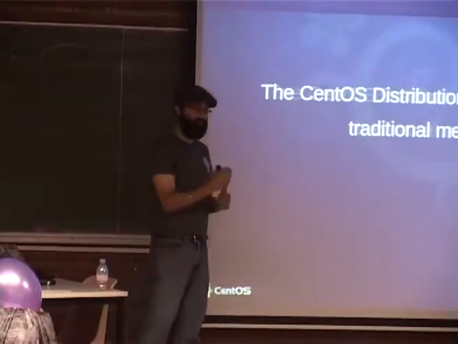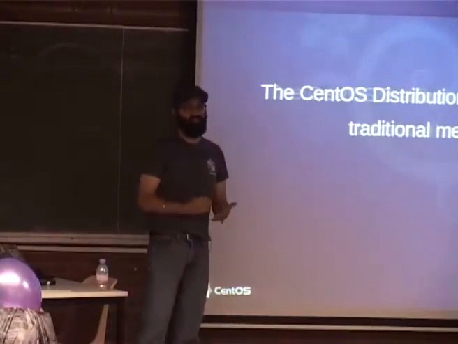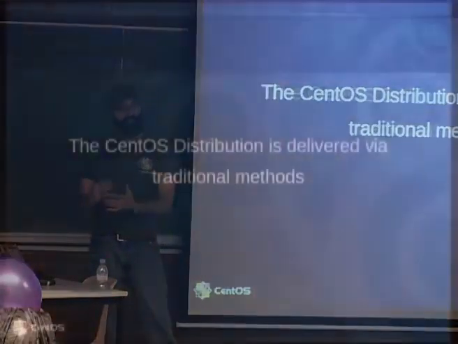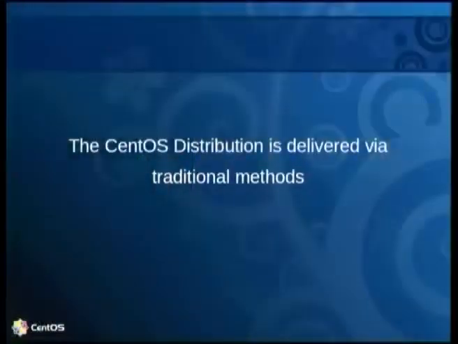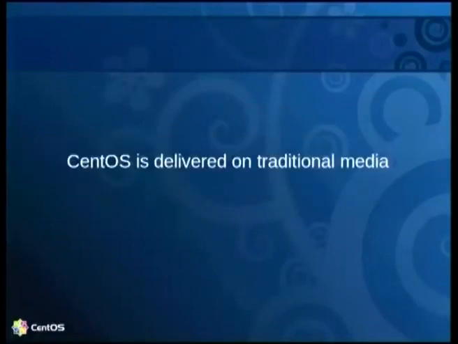But what they deliver to you as a user is finite, is fixed. When you install CentOS, the kernel you get is predetermined. You know exactly what kernel you're going to get. The version of Bash, the version of PHP or Apache or whatever you're going to get is predetermined. But the mechanism that we ship with and deliver with is tuned for traditional architectures, as it were, and traditional media, we do ISOs or whatever.